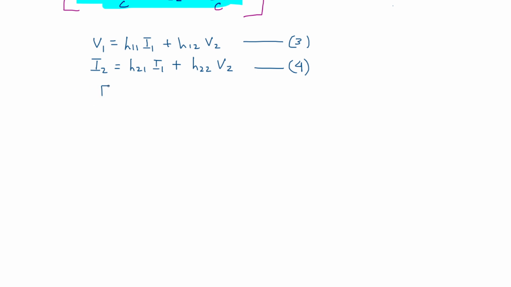So again from equation 4, we get V2 is equal to 1 by H22 I2 minus H21 by H22 into I1. So this we get as a first equation.